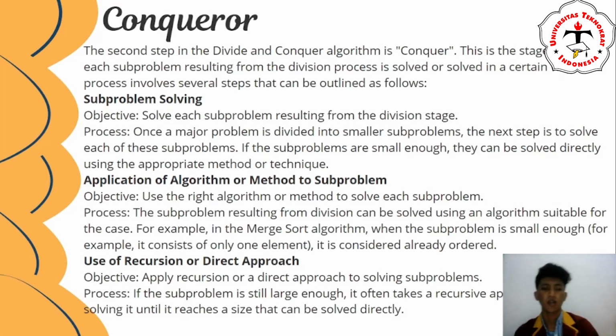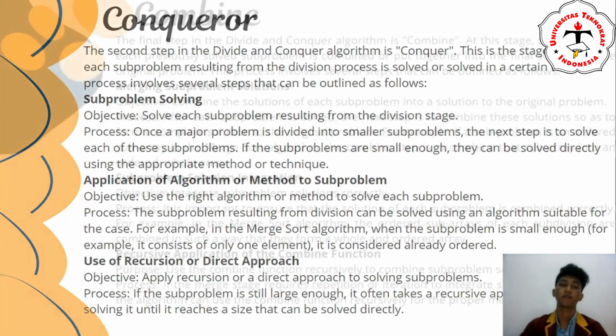Objective: apply recursion or a direct approach to solving subproblems. Process: if the subproblem is still large enough, it often takes a recursion approach to continue solving it until it reaches a size that can be solved directly.